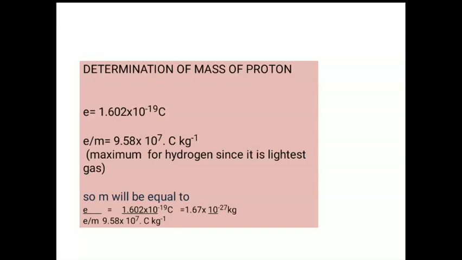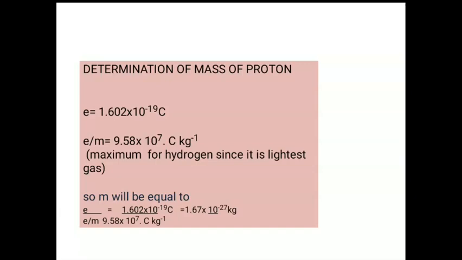So mass of proton came out to be 1.67 into 10 raised to the power minus 27 kilogram, or 1.67 into 10 raised to the power minus 24 grams.